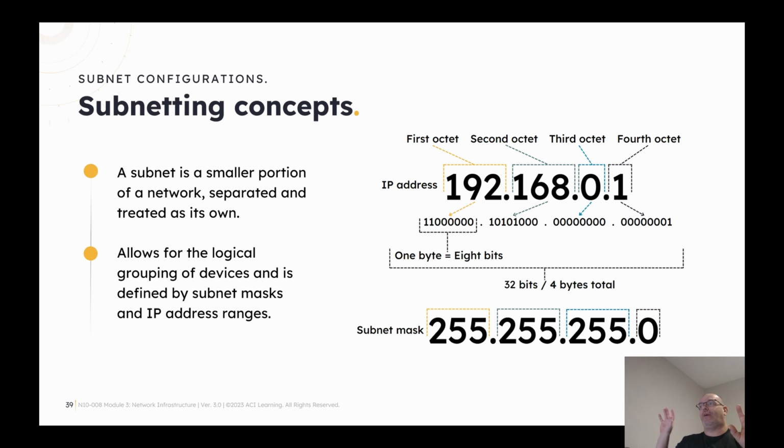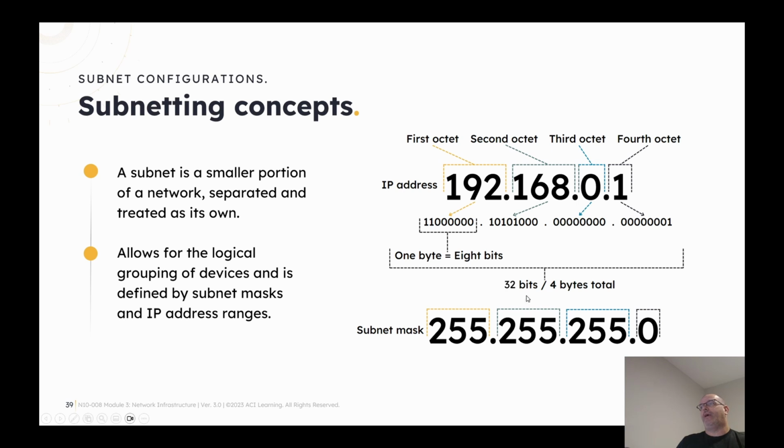So if you think of IP addresses as your street address and city and state and zip code, a subnet mask tells the computer which is the street address and which is the city and state.